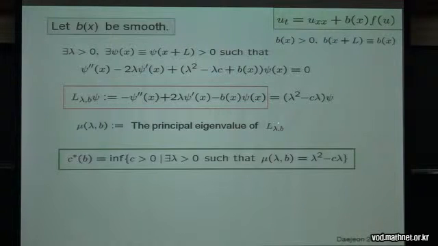So let's just assume that those asymptotics really hold, and then it is clear that psi is a positive eigenfunction of this operator. So for c to be a wave speed, there must exist some lambda such that mu of lambda b equals lambda squared minus c lambda. So this is a necessary condition for c to be a wave speed.